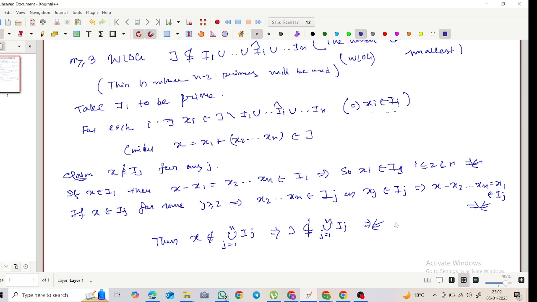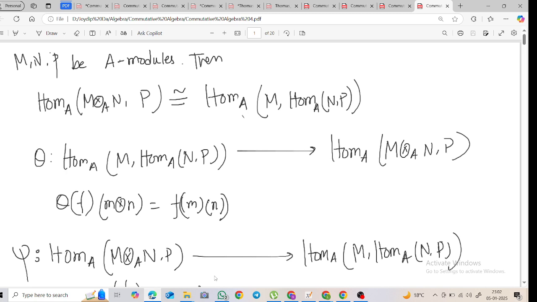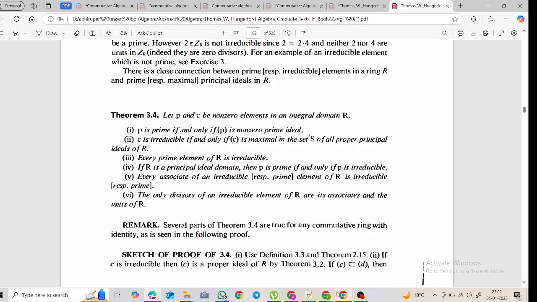So this is a very important lemma. This is called prime avoidance. So we have proven a stronger statement.